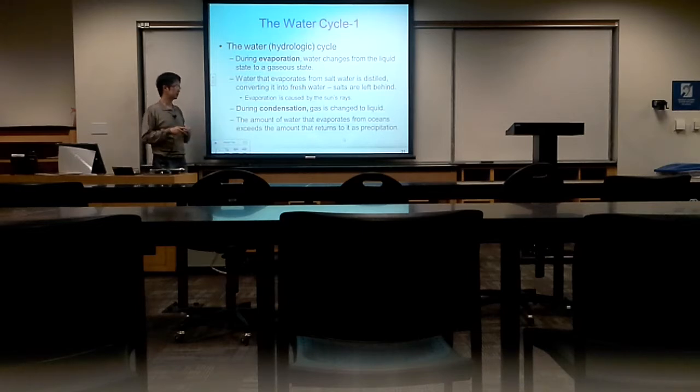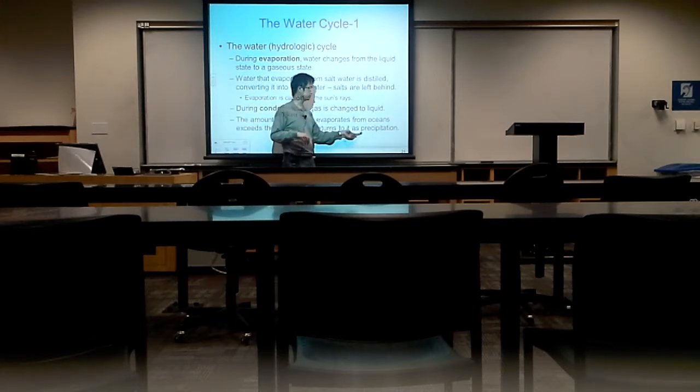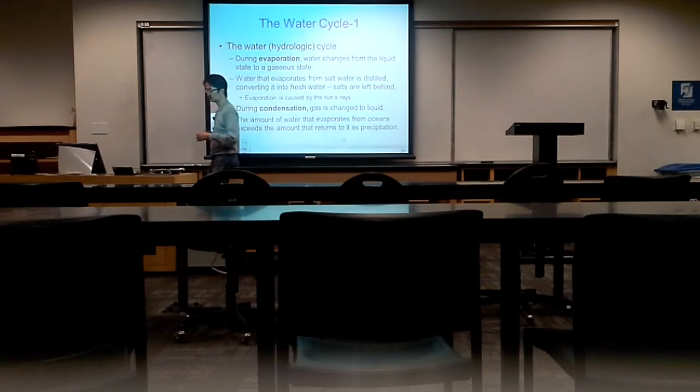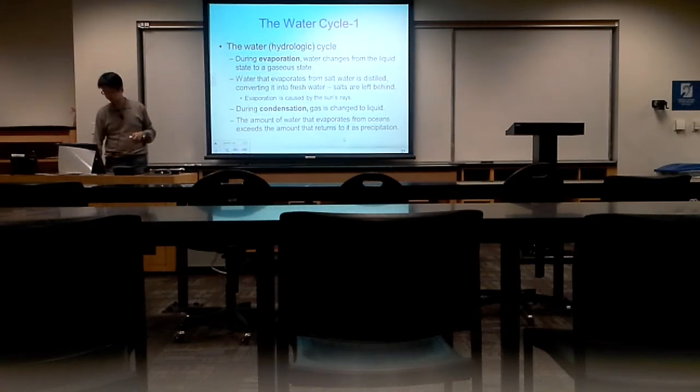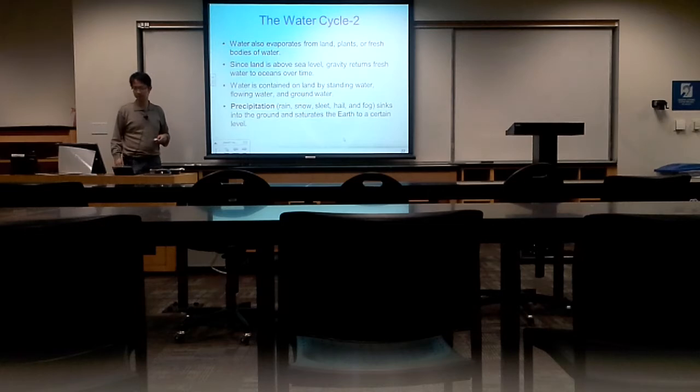The water evaporated from the ocean usually returns to the earth as precipitation. Precipitation means it's raining. Not just water evaporated from the ocean, it can also evaporate from land, plants, or fresh bodies of water.